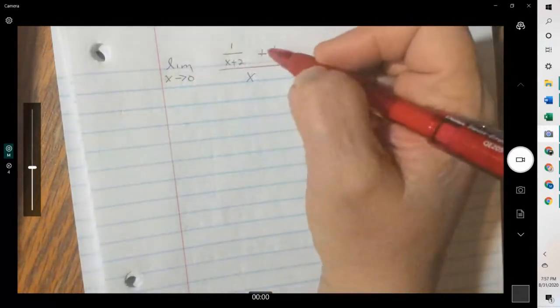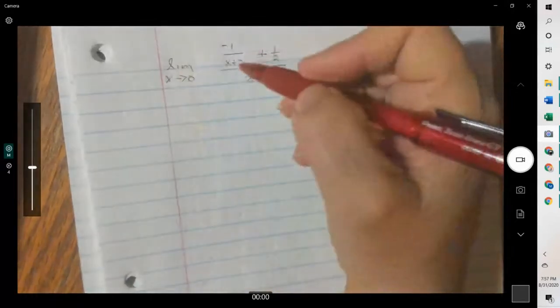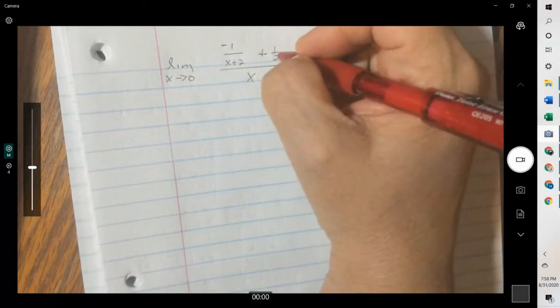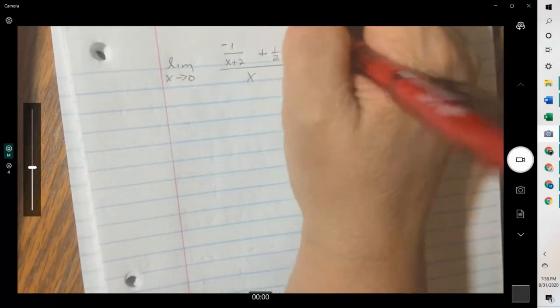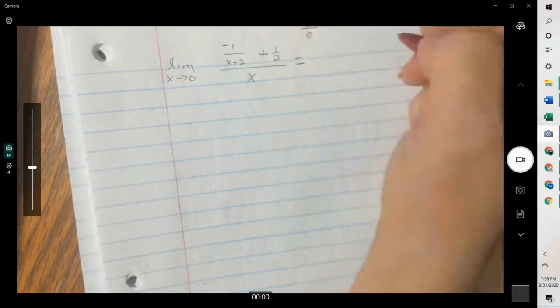And we're finding 0. If we plug in 0 here, this is a -1. If we plug in 0 here, we'll have -1/2 plus a half, which is 0, over 0. So that means this needs to be simplified.